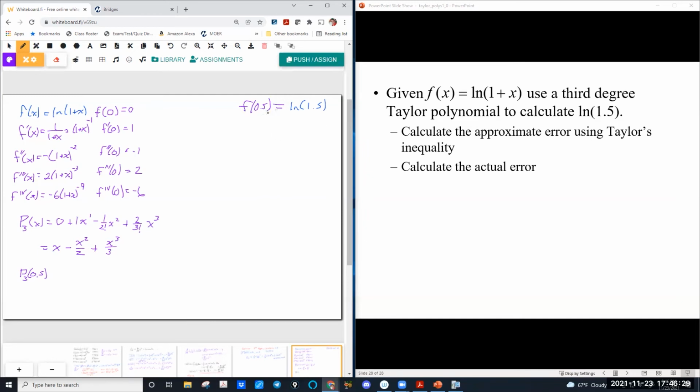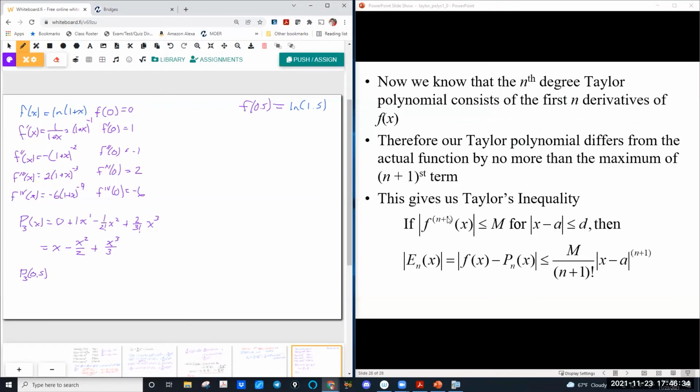Now, here's why that's important. Let's go back to our error term so you guys can see it. It's important right here: the absolute value of x minus a has to be less than or equal to d. So our d is going to be 0.5. So we get the absolute value of x is less than or equal to 0.5.